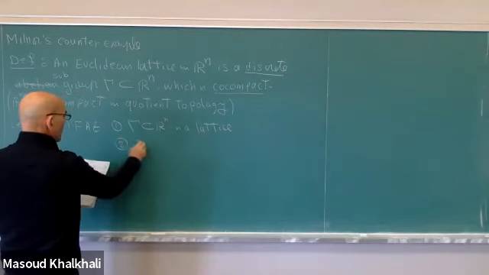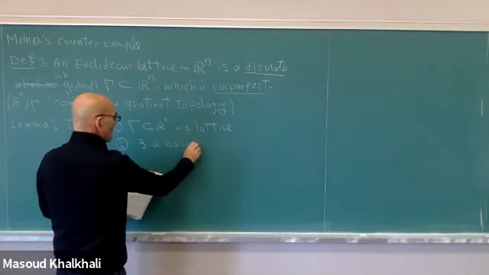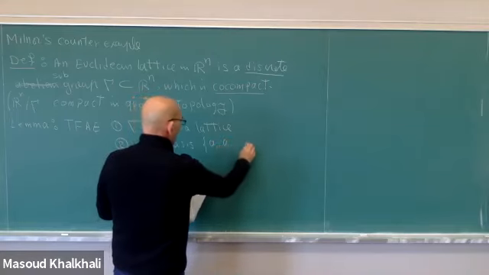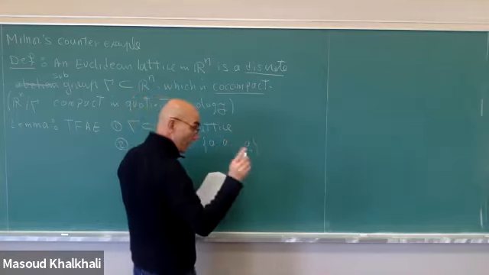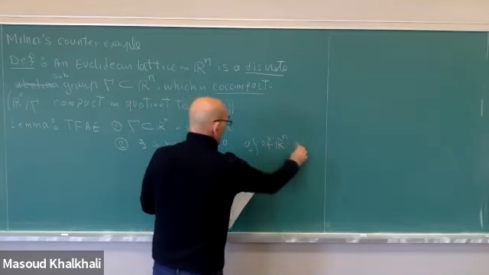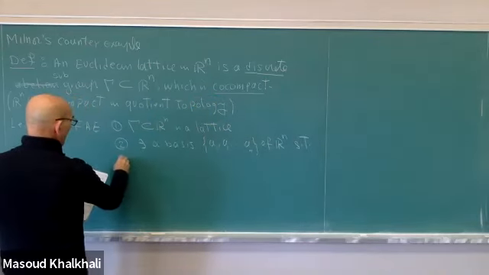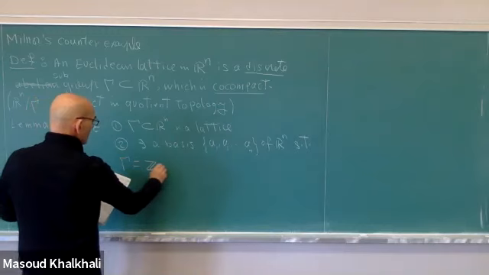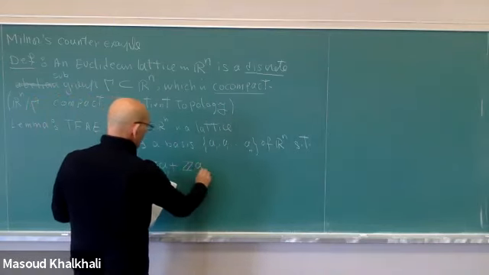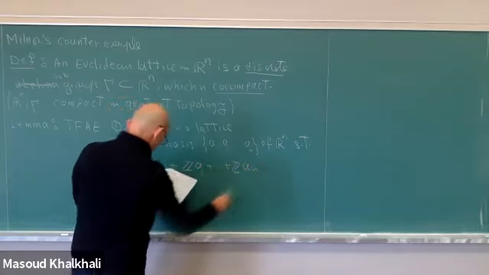Two, there exists a basis A1, A2, ..., An of Rn as a vector space such that gamma is equal to Z A1 plus Z A2 plus ... plus Z An.